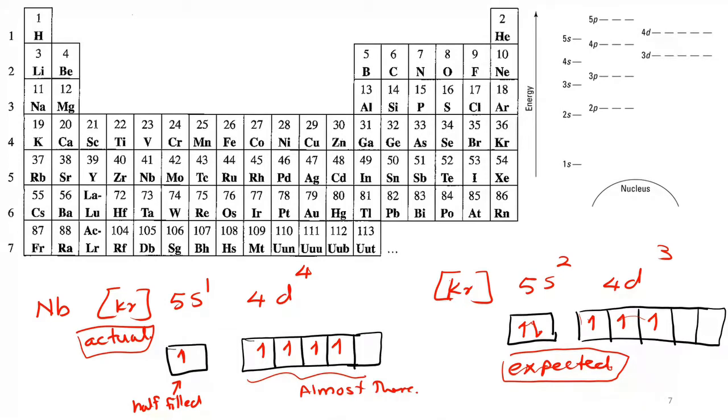Let's keep moving with the other elements that we have here. So right now we looked into niobium, and then we are going to the next element, which is molybdenum.